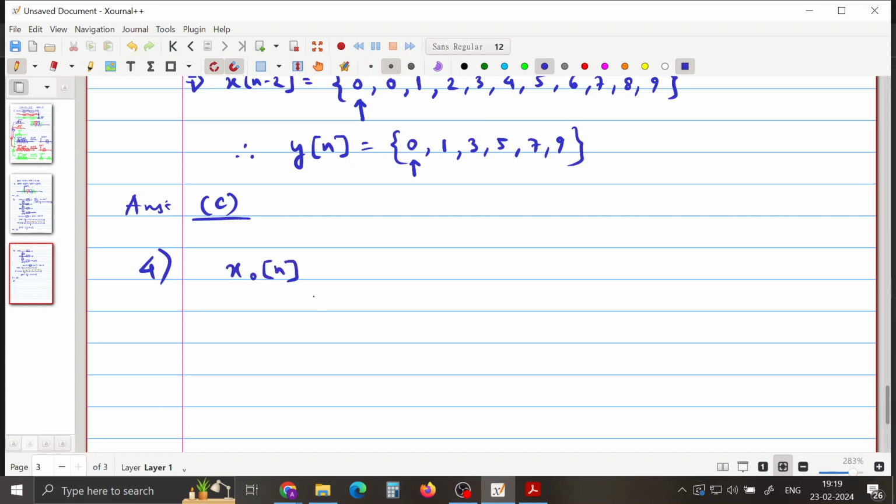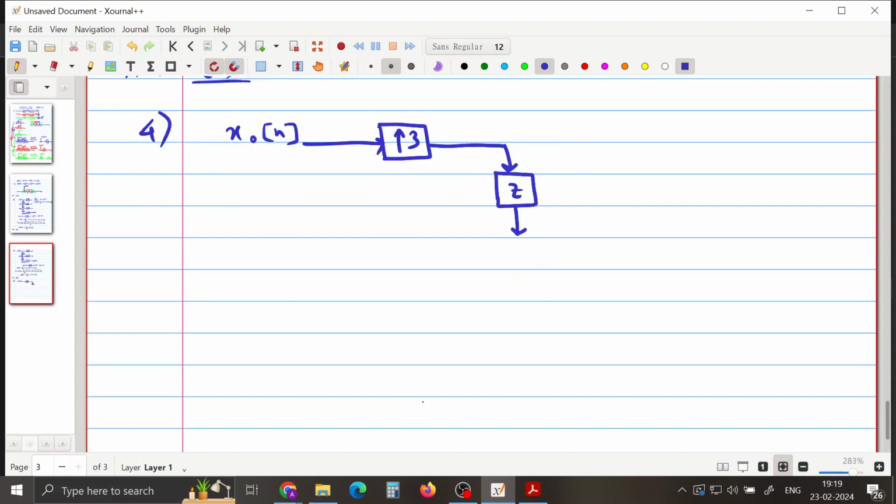So x naught of n is passed through an upsampler, and then it goes through an advance operator, and now this is the first branch. Then we have x1 of n.